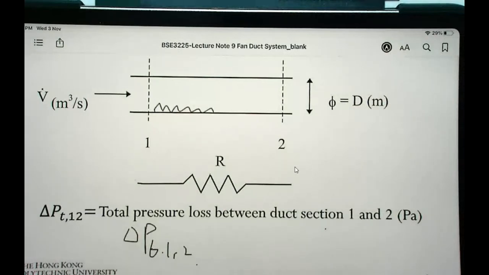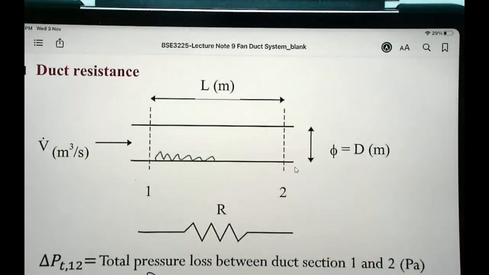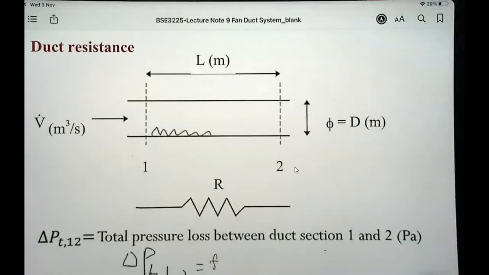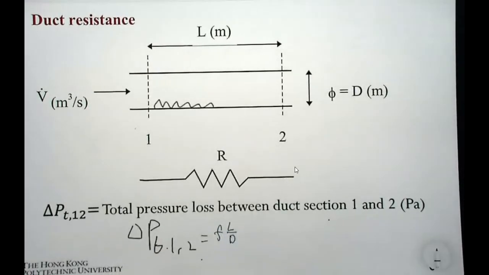To express the total pressure loss between these duct sections, it's related to the friction factor times the length of the duct section, divided by the diameter of the duct, times the density of the air or fluid divided by 2, times the square of the velocity.